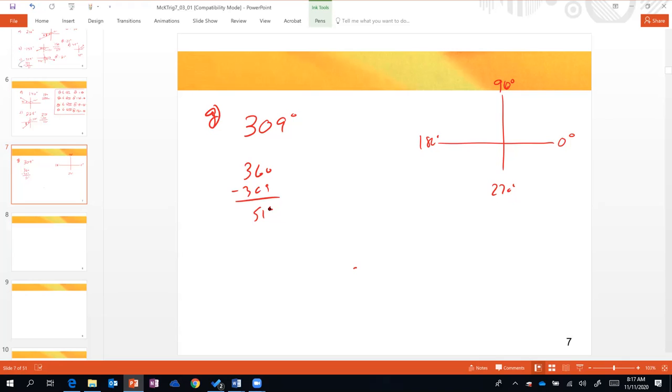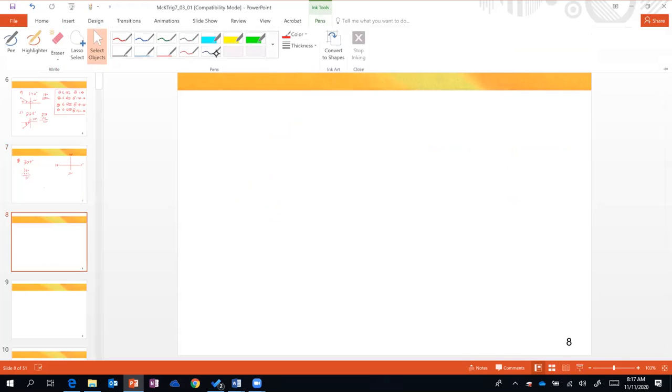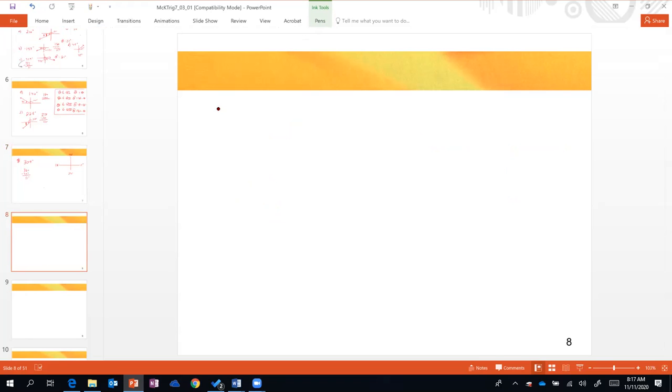Okay, next. I think I have a little time. So now what do we discover? Remember how our trig functions are based upon some definitions here. So let's go to something called the reference angle theorem.